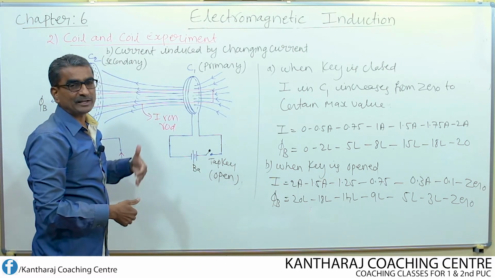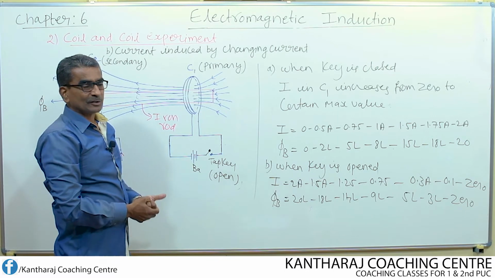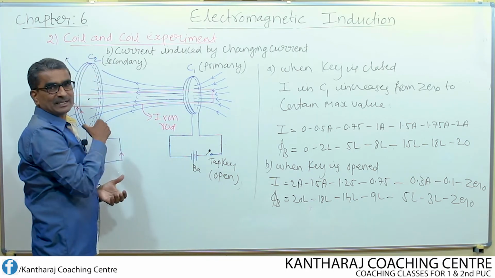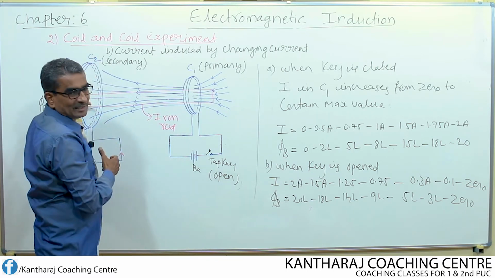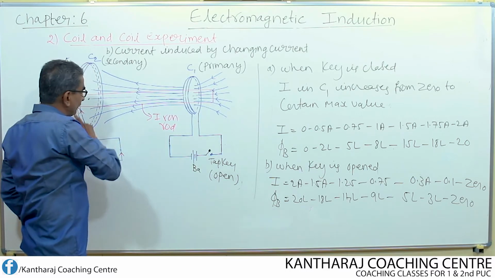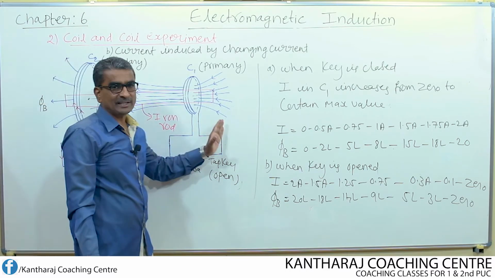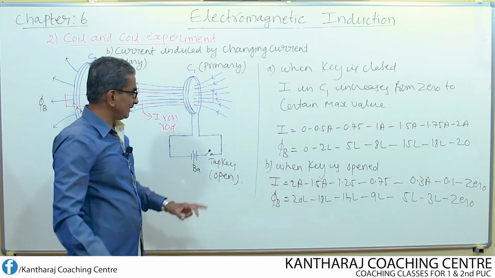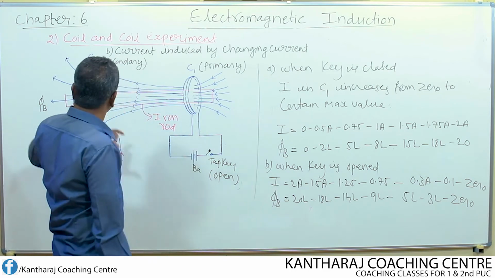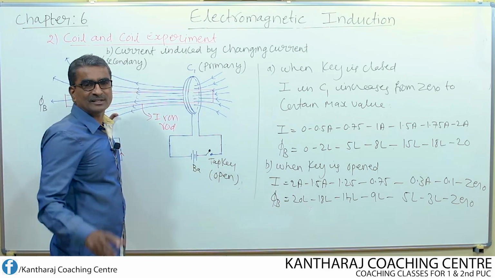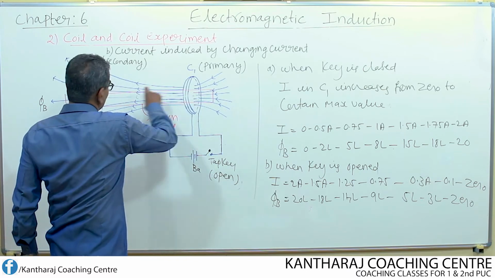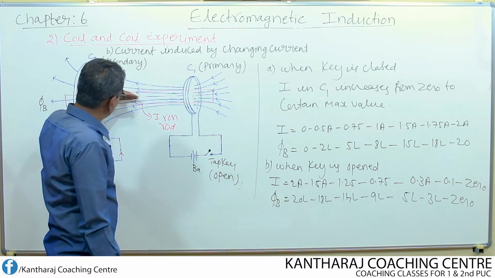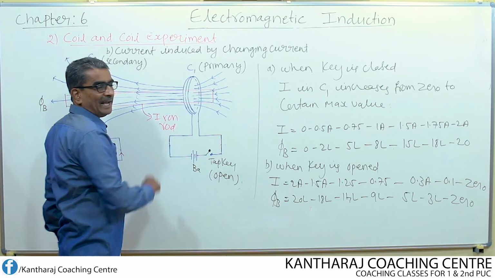That's the meaning of increasing the permeability. So when permeability gets increased, the induced EMF also increases. So these are the methods. First method, make and break should be fast. Secondly, increase the number of turns. Thirdly, insert one iron rod through both the coils all along their axis.